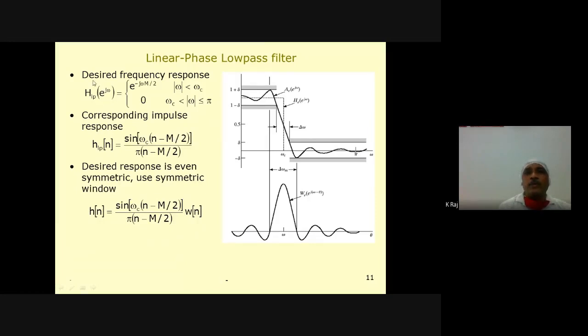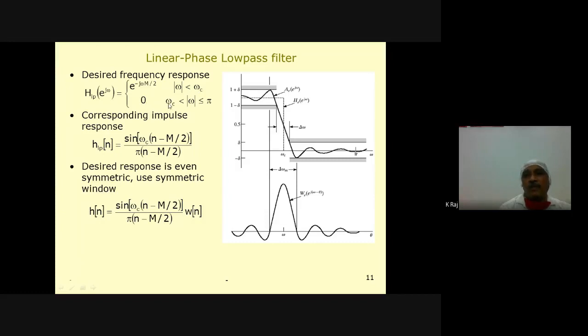Now if we are interested in describing the low pass frequency response of a desired filter, then the desired frequency response will be represented as e to power minus j omega M by 2 when the magnitude of omega is less than omega c, otherwise this will become 0.